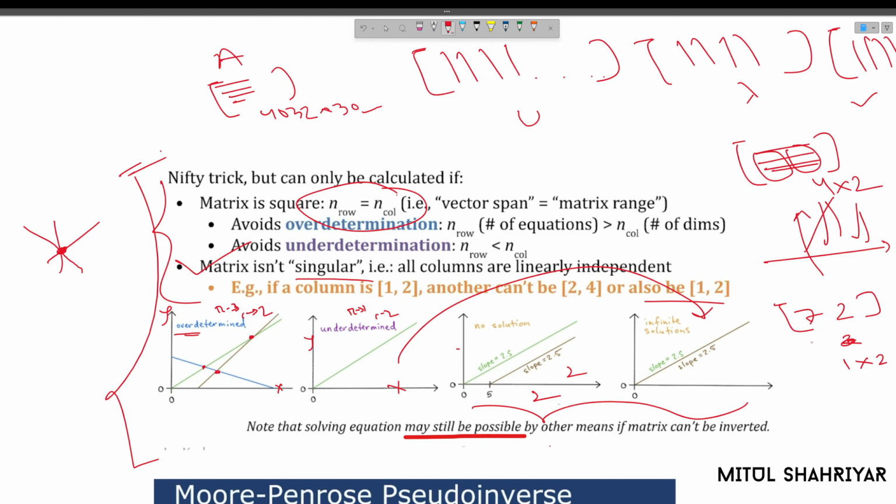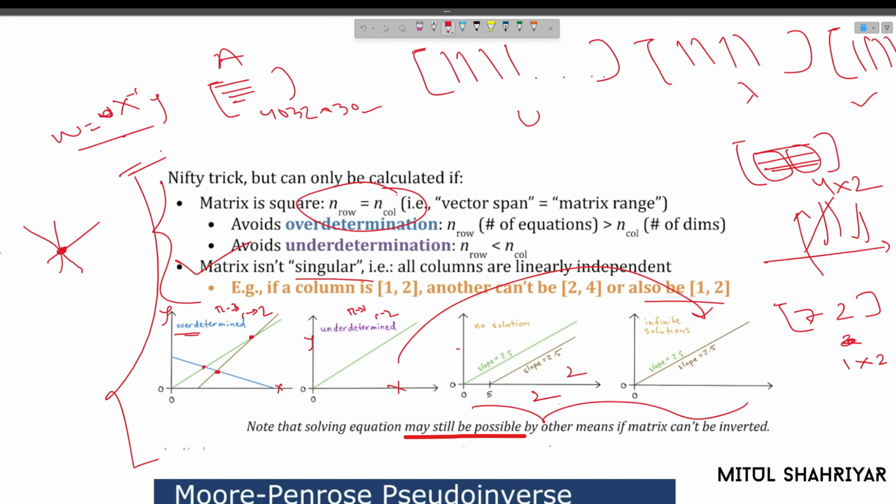For all of these 4 scenarios, we can't get solutions. But this is what was mentioned earlier, what we learned when we were looking for the weight equal to x inverse y, something we learned earlier using the inverse matrix.